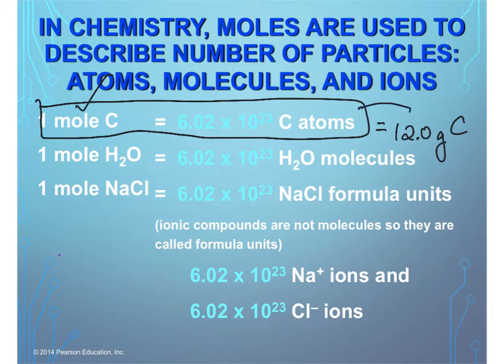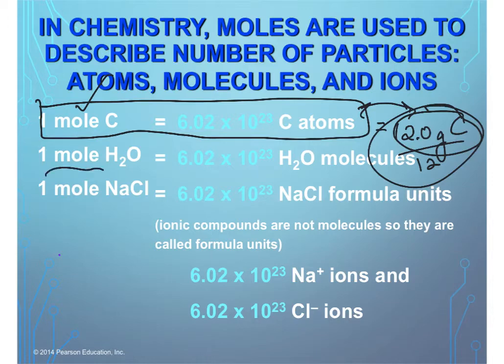But that was the original definition of where moles came from: somebody said, okay, we're going to get exactly 12 grams of carbon. Now, you probably remember that the molar mass of carbon is also 12, right? And so they said, okay, we're going to call that a mole, and we're going to see how many atoms are in that much.